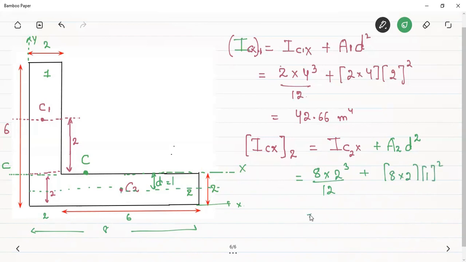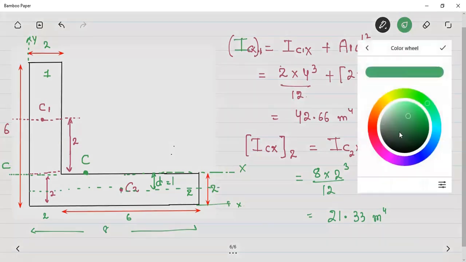If we evaluate this, 8 into 2 cube by 12 plus 8 into 2 should be equal to 21.33 meter to the power 4. This is the moment of inertia of the second rectangle. Now we can find the moment of inertia of the complete figure.